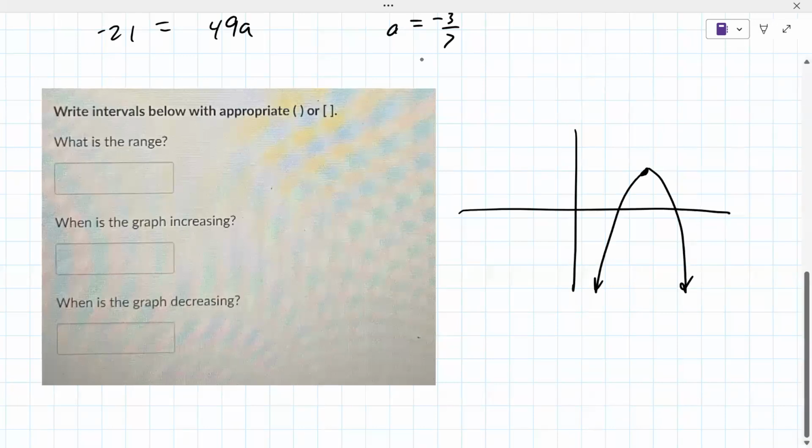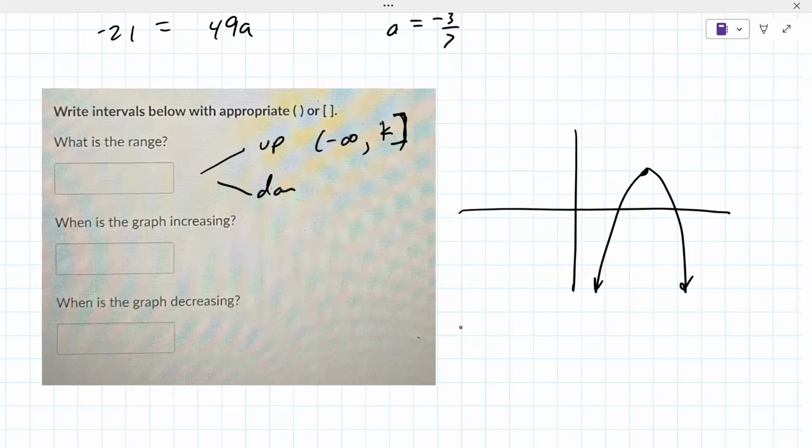Now, the reason you don't need a really super specific graph is because all this information on the left here is just based on the general shape. So the range, if it opens up, is minus infinity to the y value of the vertex. I'm sorry, I'm really messing this up.